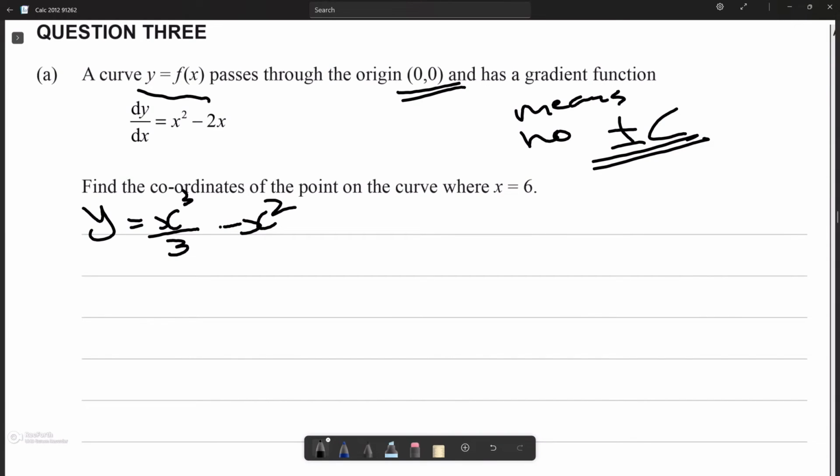And y equals f of x, so there's no plus c.